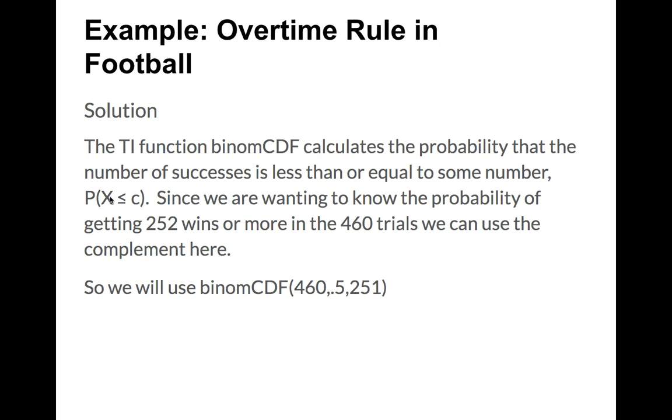And that's what this is right here. This is saying that x is less than or equal to, that's the equals part. And so we can use the binom CDF using 460 trials. And remember, in this problem, we're assuming that it's a fair outcome. So it's 0.5 is our probability of success. And we want 251 successes. Okay.